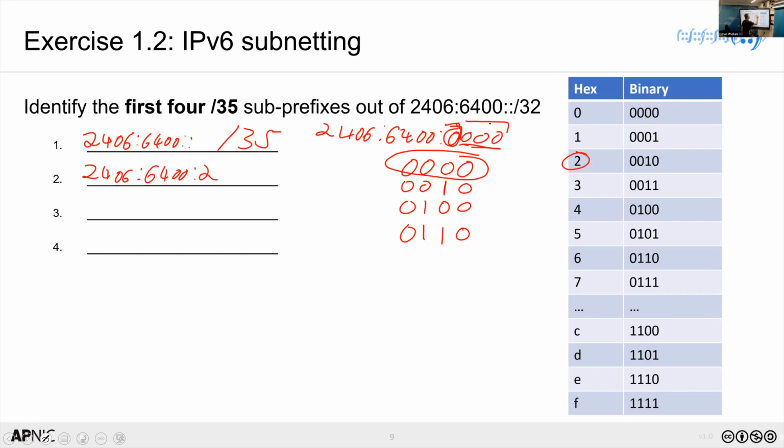Then I've got my remaining 3 zeros in that hextet. So what's that going to make number 3? 4,000, 6,000, correct. And 10110 is 6.